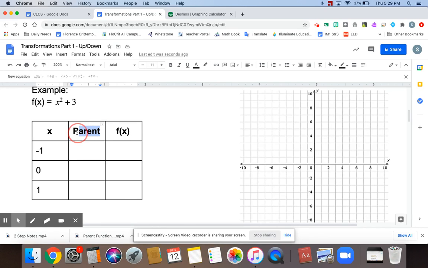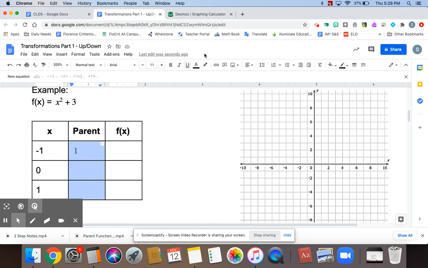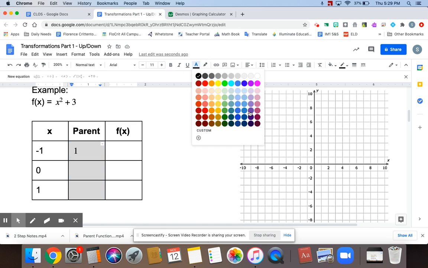If I were to take the parent function, which is x squared, and plug in -1, -1 squared means -1 times -1, which ends up being +1. So let's do the parent function in purple.